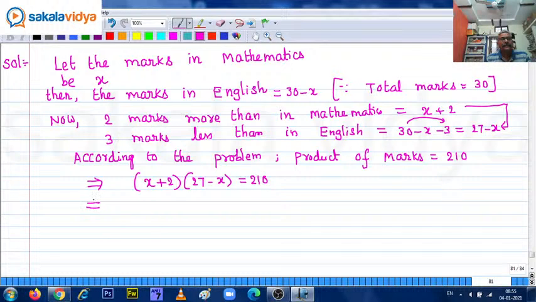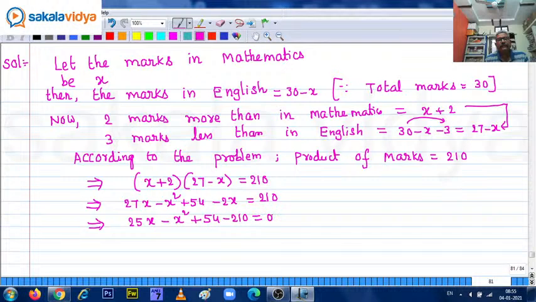So we get X multiplied by 27, 27x, x into minus x square, 2 into 27, 54, minus 2x equal to 210. Let it be simplified: 25x minus x square plus 54 minus 210 equals 0.